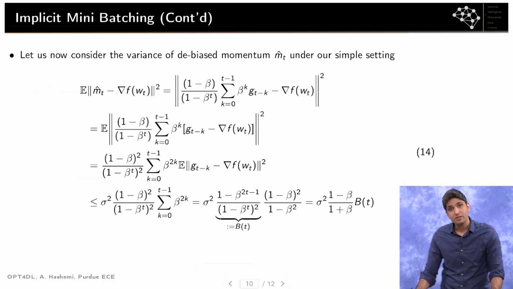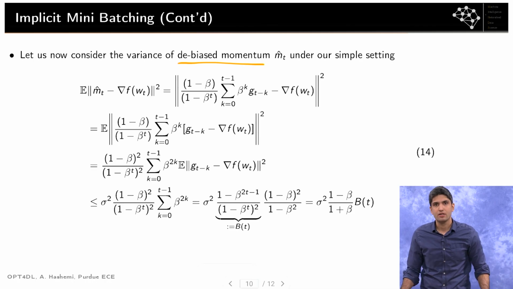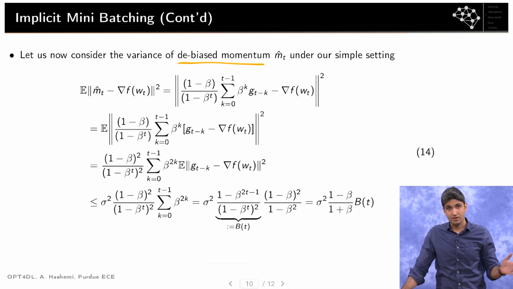All right. So now let's talk about the variance. Again, using our simplified assumptions, let's consider the variance of this debiased momentum. Under our simple setting, each gradient we have observed so far is an unbiased estimator of the true gradient at time t with bounded variance.